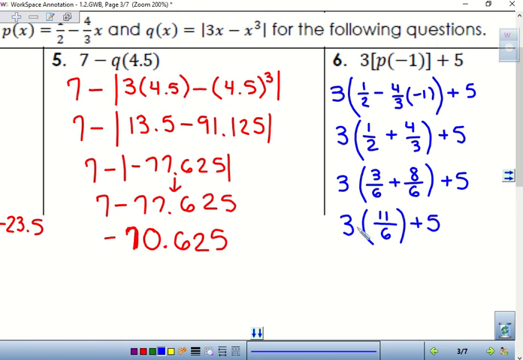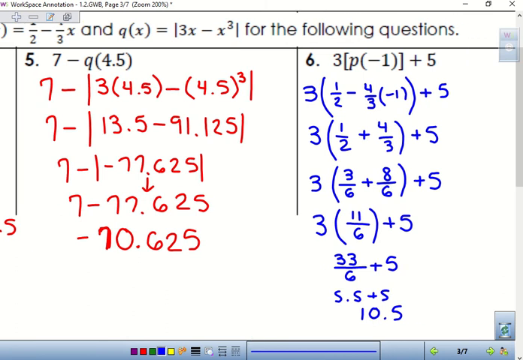And then when you want to multiply a number times a fraction, you multiply the numerators, keep the denominator. And now I can put this in the calculator. So 33 divided by 6 is 5.5. So 5.5 plus 5 is 10.5. And you can reduce this in fewer steps. I'm just trying to show you all the steps so nobody gets lost in what I'm doing.